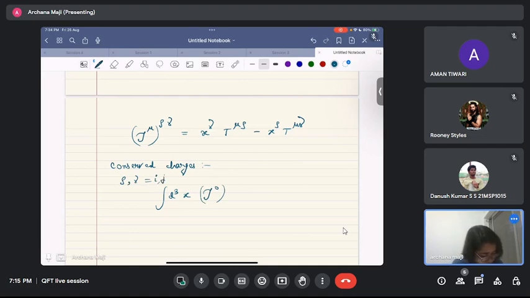So ij means these are taking values from 1, 2 and 3. So this is Qij, and these, as you already suspect, are nothing but the angular momentum, right?